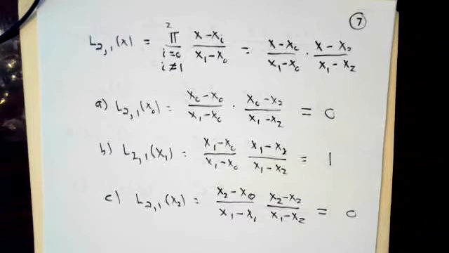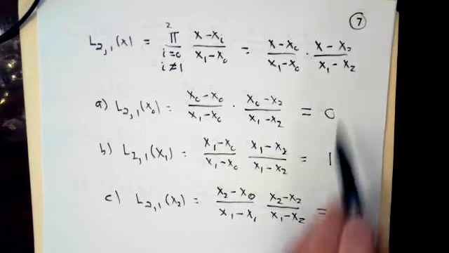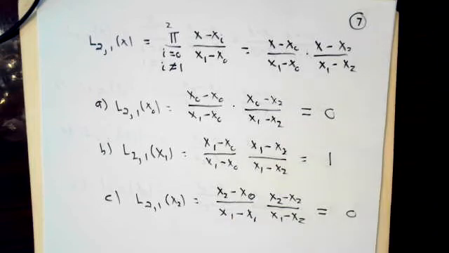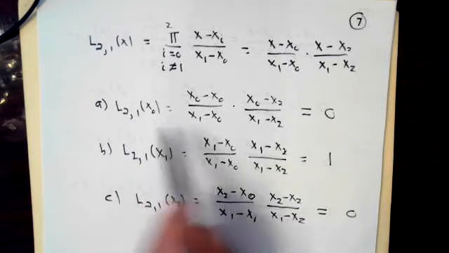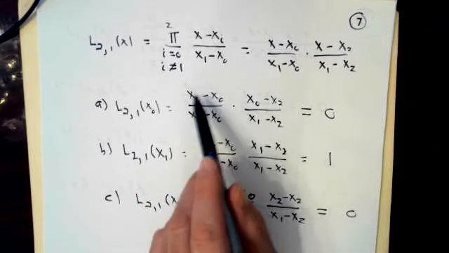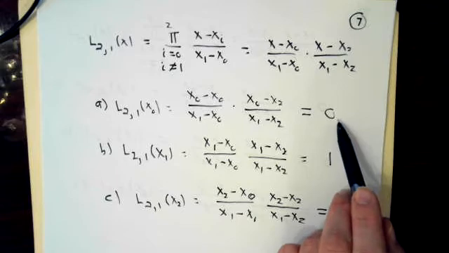We will do the same for L2 comma 1 of x, which is this product. We leave out the i equal 1 factor. L2 comma 1 of x0, there will be a factor of 0 involved, so you get 0.